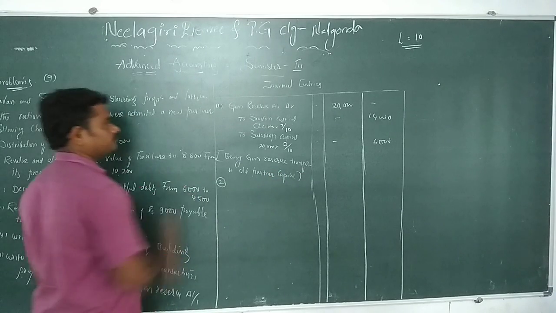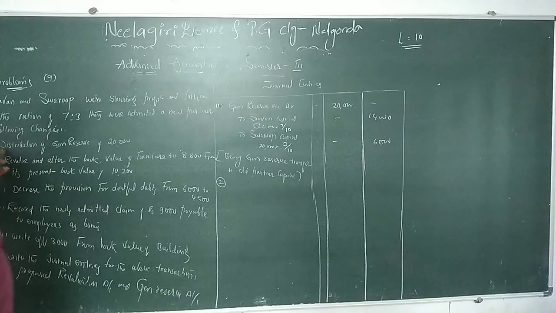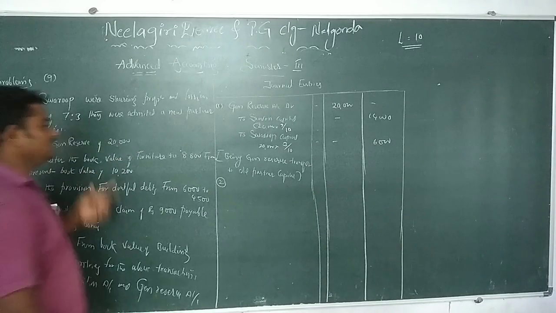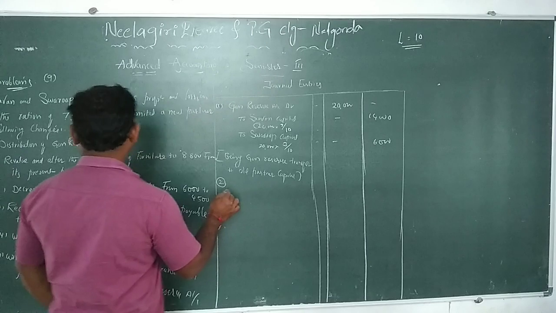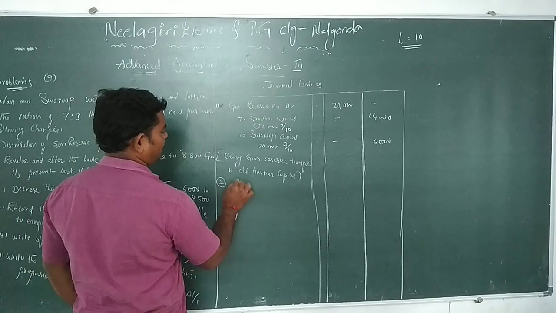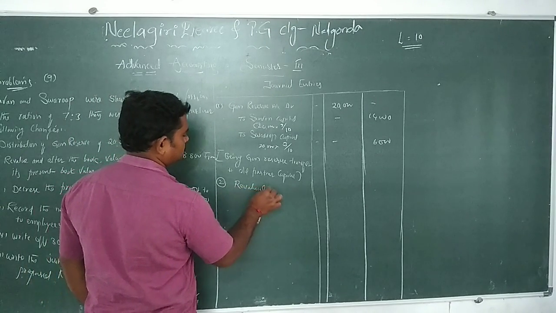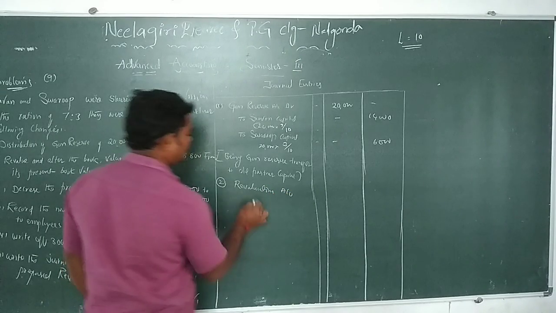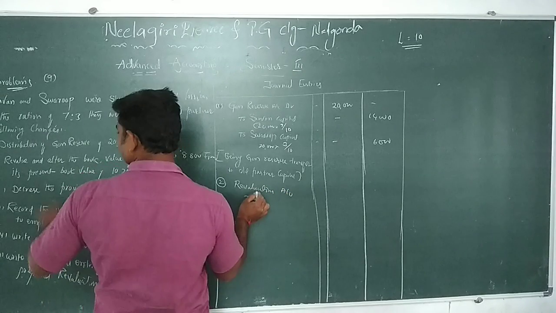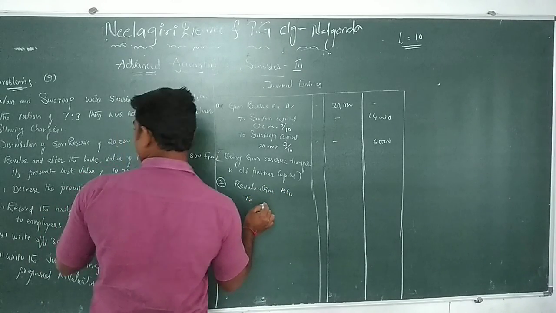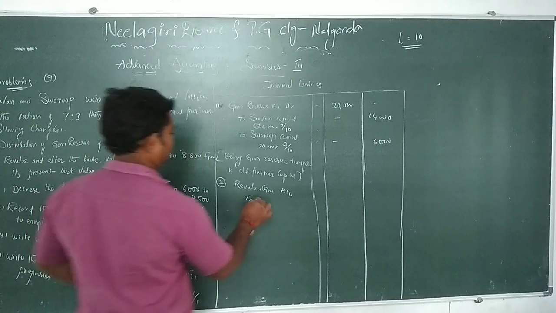Second entry. Revalue and alter the book value of furniture to 8,800; the present value is 10,200, so it is a decrease in value. So revaluation account debit to furniture account.